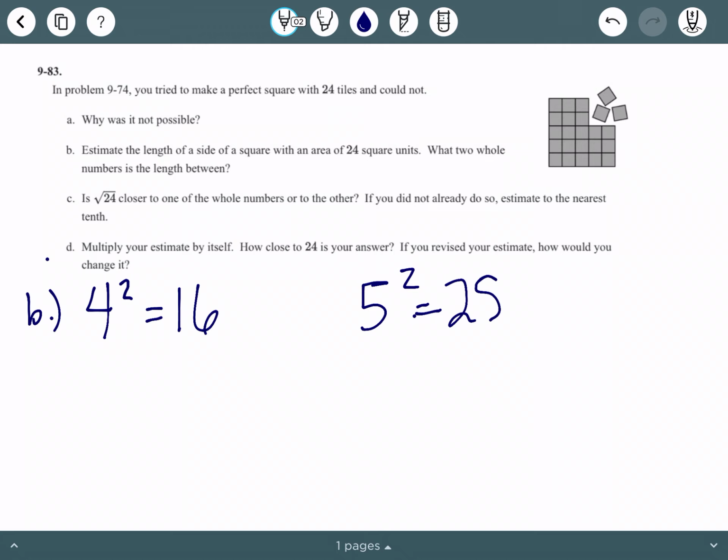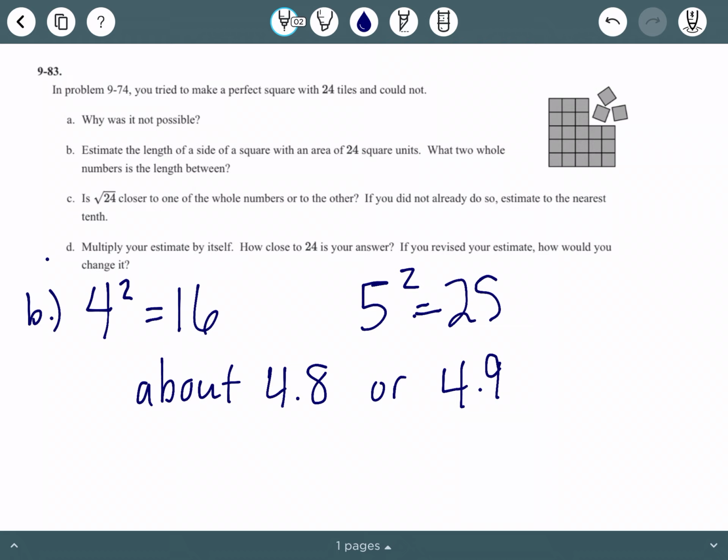It's going to be obviously closer to 5, because 24 is only 1 away from 25, than 4, because 24 is 8 units from that 16. So my estimate is I'm going to say that these lengths are either about 4.8 units, possibly 4.9 units.